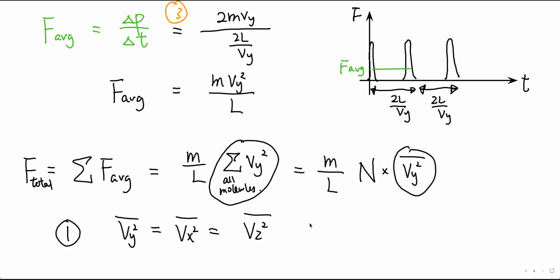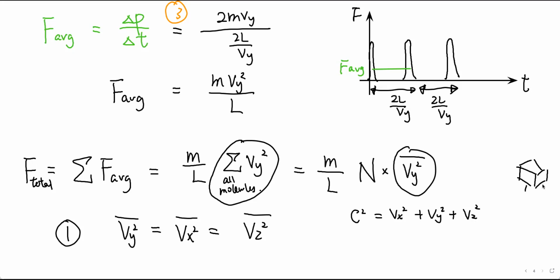And then for the average of the speed squared, we need to use the Pythagoras theorem. So C squared is Vx squared plus Vy squared plus Vz squared.